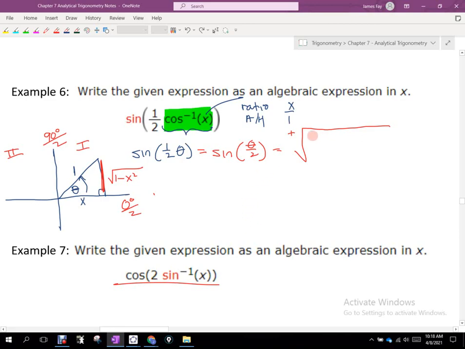The sine function for the half angle is the square root of 1 minus cosine of theta, divided by 2. So now what is the cosine of theta? Cosine of theta is x over 1 here, right? So this thing here changes to x, so I get the square root of (1 minus x) over 2.